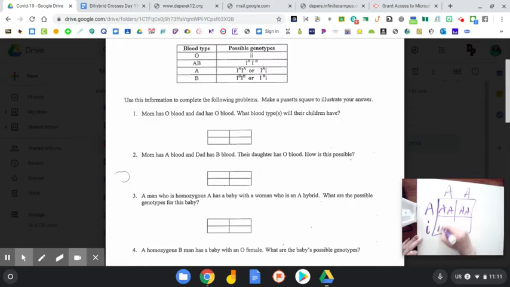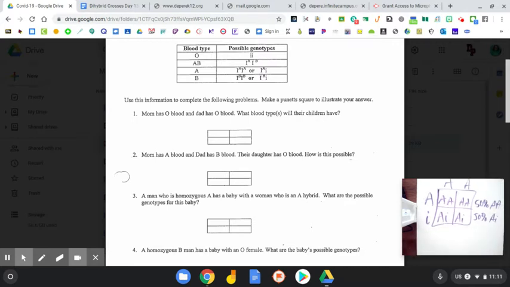If we plug all of this in, what are the possible genotypes? So 50% AA and 50% chance of A i. No matter what, they're going to have a kid with type A blood type. But for genotypes, there's a 50% chance of having it heterozygous, 50% chance of having homozygous.